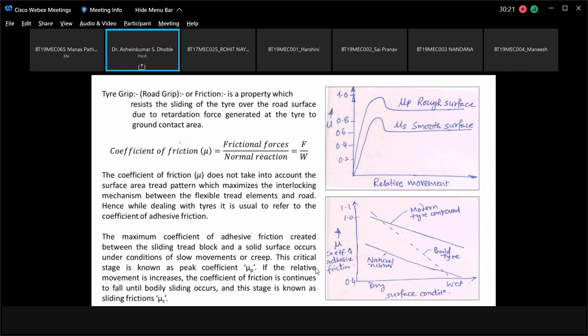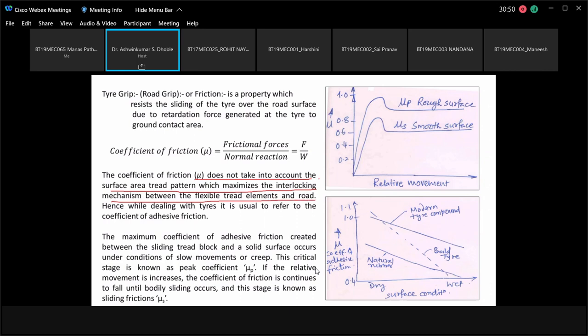There is a good discussion on the coefficient of friction in the chapter on tires. Just read this because this is a very scientific theory. The coefficient of friction mu does not take into account the surface area and tread pattern, which maximize the interlocking mechanism between the flexible tread elements and the road.